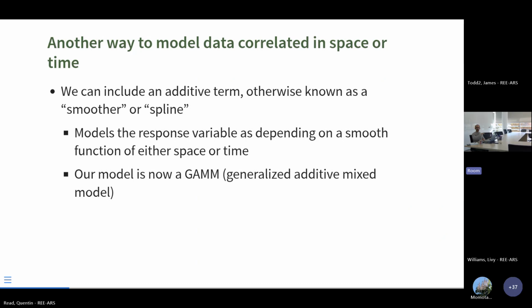It's basically a wiggly, nonlinear function of space and time that you can just put in the model. And then we have left strictly the world of GLMMs, and now we're in the world of GAMs, generalized additive mixed models. I'll get back to that because that's part two of today, but I just wanted to introduce you to both ideas. We'll do that again for the second half of today.